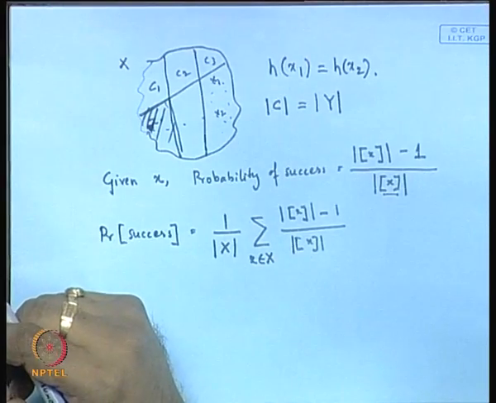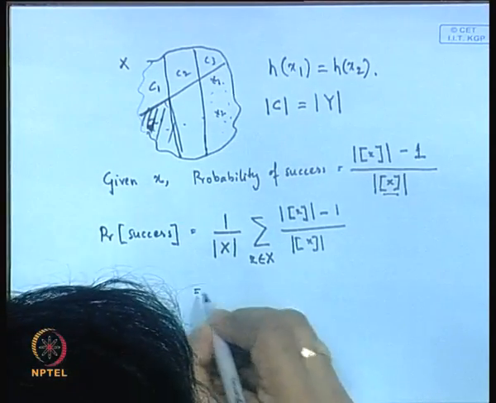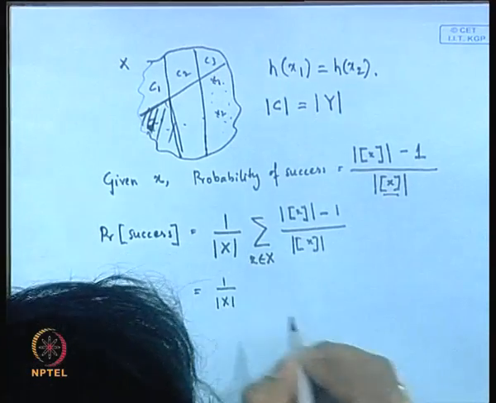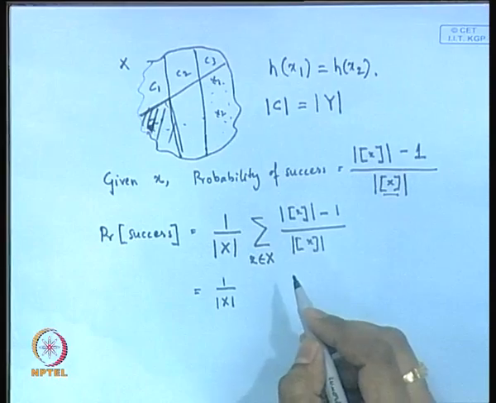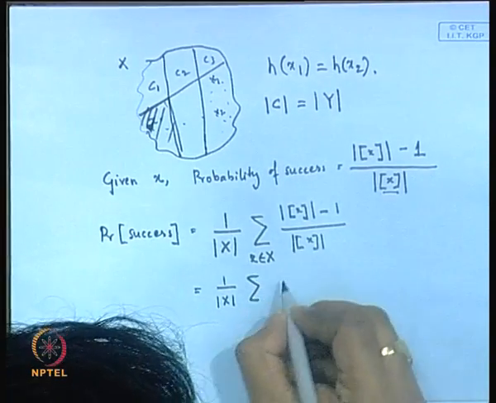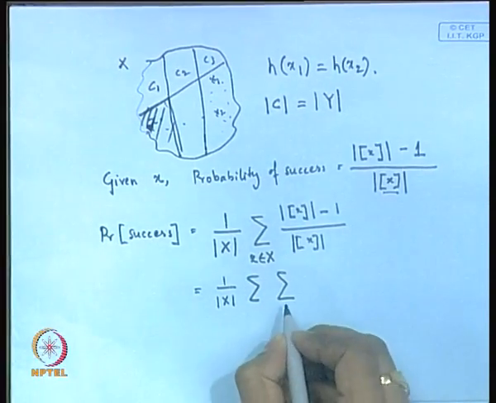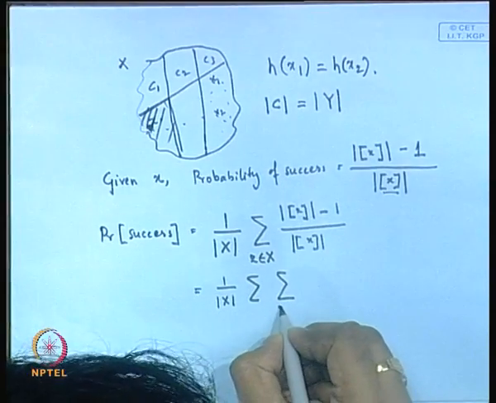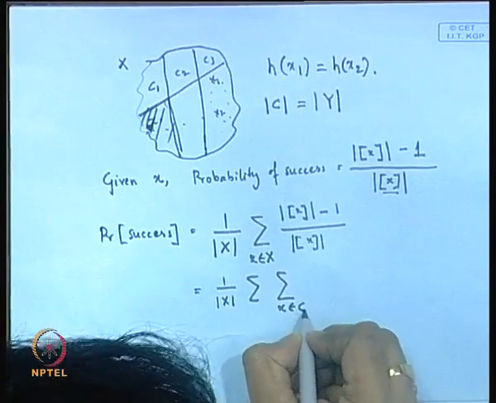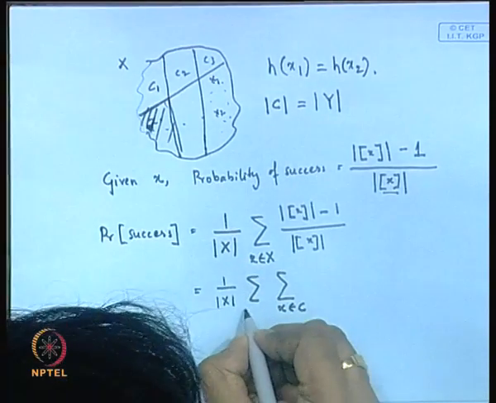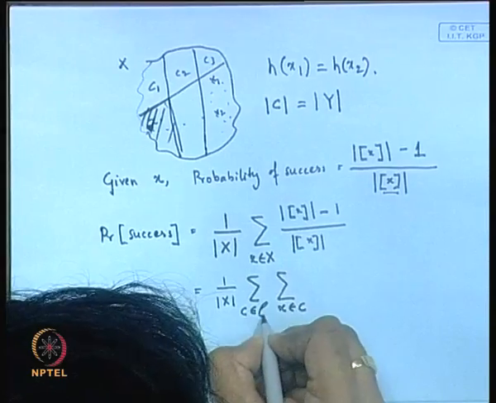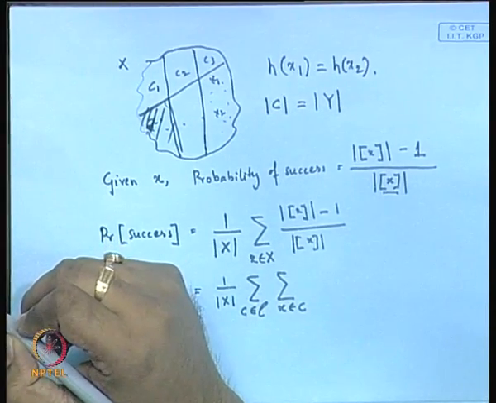We can write this in another fashion. There are so many collections, so let us break this sigma into two sigmas, and in the inner sigma, x belongs to one particular collection, and the collection varies over all possible collection sets.